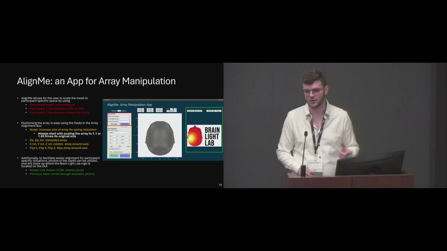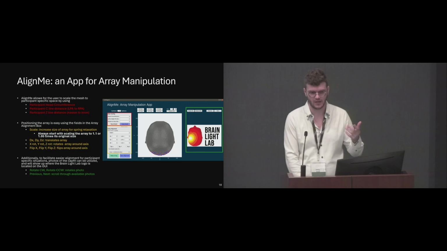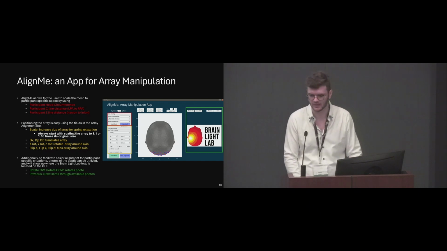And so taking photos of the cap fit and using that to position the array based on landmarks is super, super useful. We can rotate photos if they end up being upside down, and then we can seek through a bunch of photos, because if you're taking photos during cap fit, you probably want to have multiple views: side, back, front, top, down, etc.